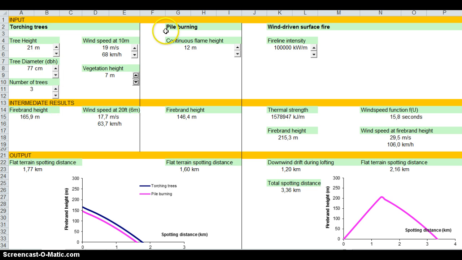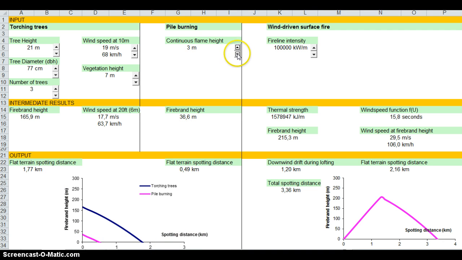So the other thing is with pile burning. With pile burning we can have a continuous flame height of 12 meters. Let's decrease this value from 12 to 6 meters, and then you see a very sharp decrease in both the firebrand height and in the spotting distance.